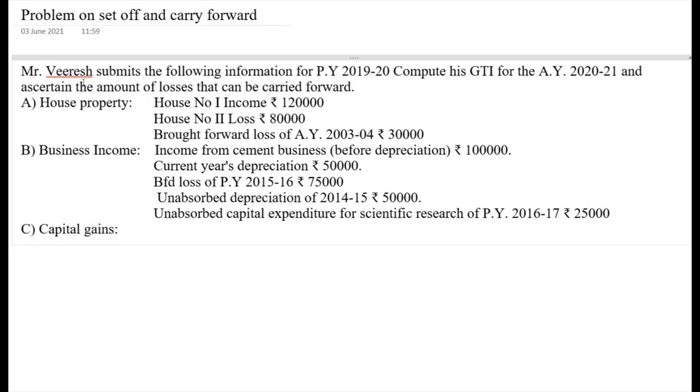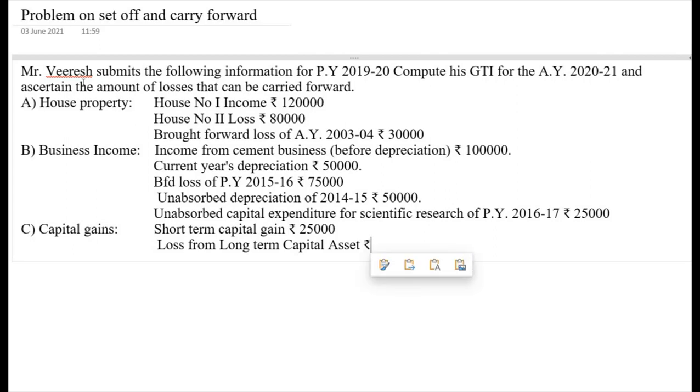Capital gains: short-term capital gain rupees 25,000. Loss from long-term capital asset rupees 20,000.